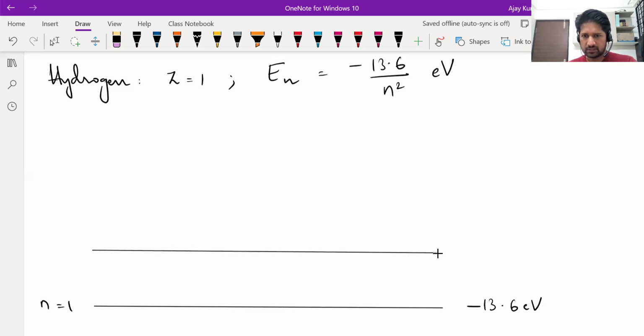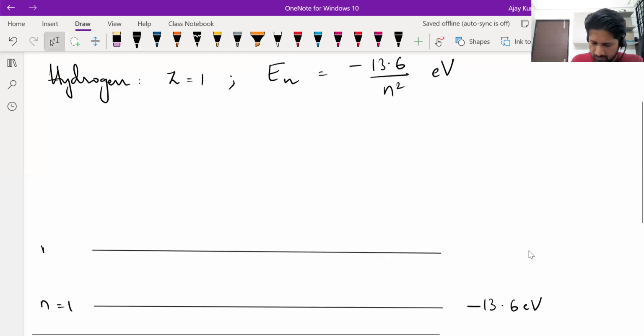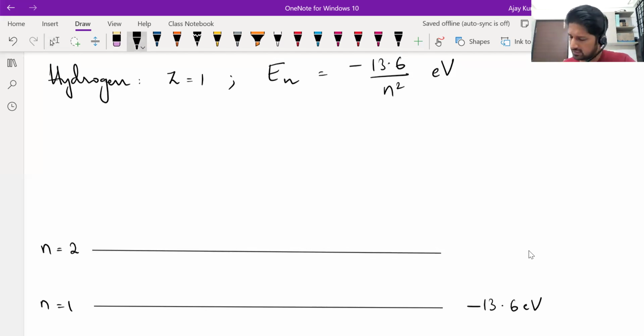So in the second orbit, for which the principal quantum number n is equal to 2, the energy of the electron in the second orbit of the hydrogen atom will be minus 3.4 electron volts.